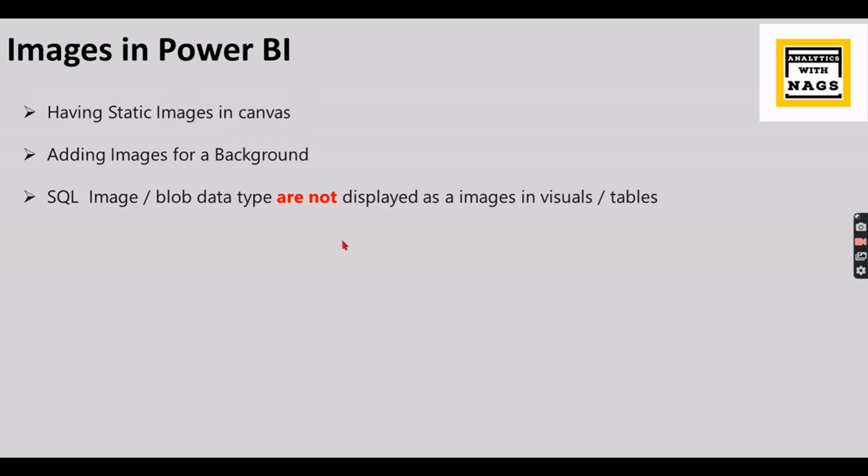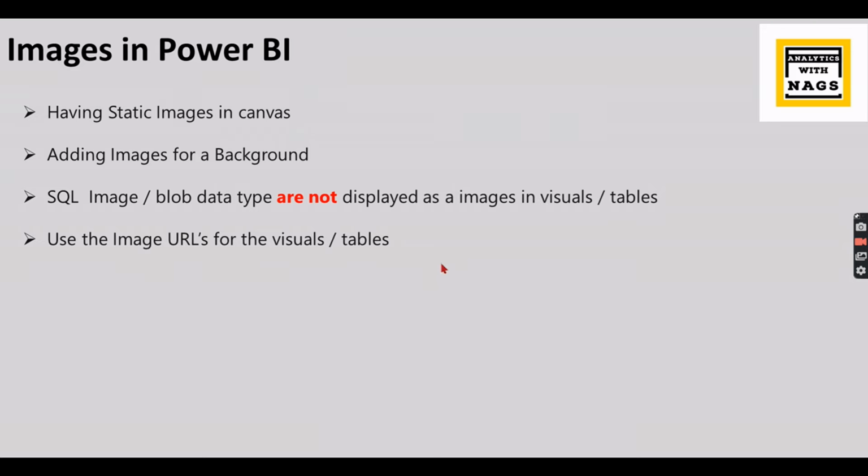The only way you can display your images against the data is by using image URLs. Basically you need to store these images in some web portal, SharePoint, OneDrive, or blob storage, whatever, and you need to get it as a URL.